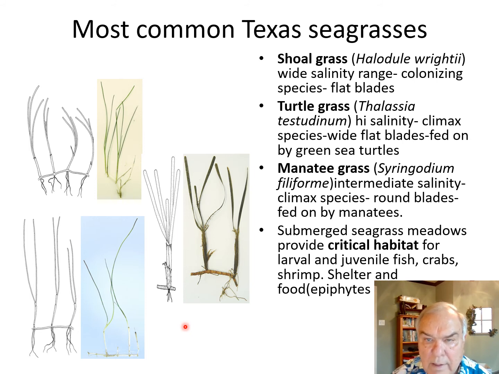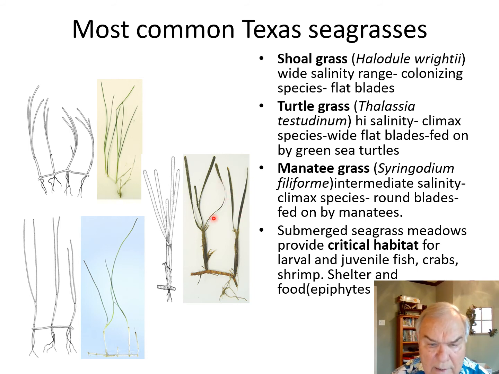Seagrasses are, as I mentioned before, one of the three unique habitats that we have in Texas estuaries, and they're critical in that not only do they provide primary productivity in the form of plant material, which either is consumed directly, or the epiphytes, the microscopic organisms growing on the blades, are grazed on by all kinds of critters.